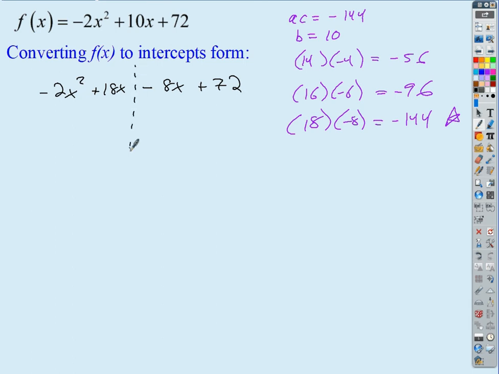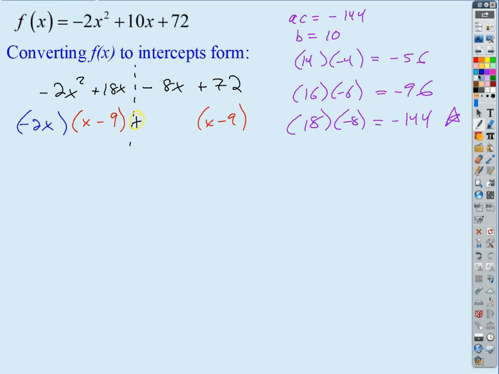Okay, and then we split it up into two groups. What's the greatest common factor of the first group? But it's got to be negative, right? We've got to take the sign of the leading term. So we're going to get a negative 2x. And what are we left with when we factor that out? x minus 9. Okay? Which means that in the other group, I've got to have an x minus 9 as my leftover, correct?